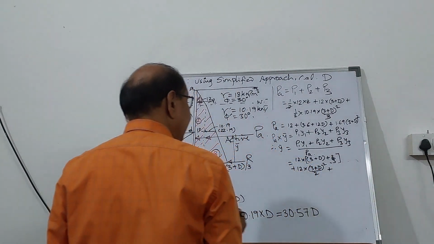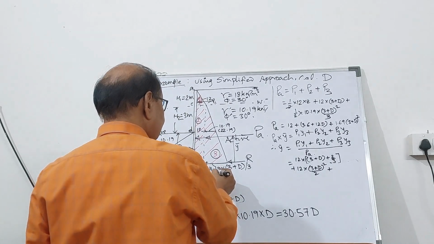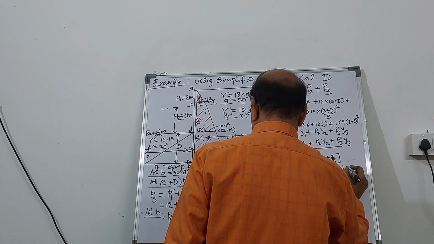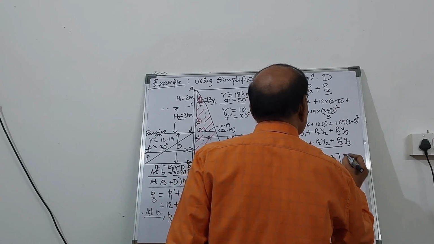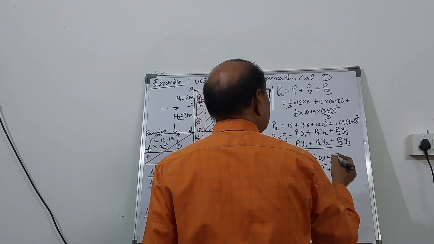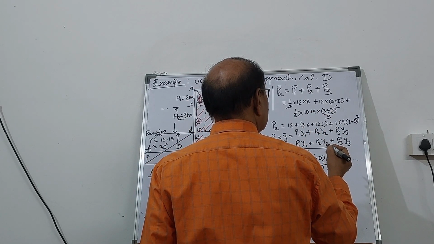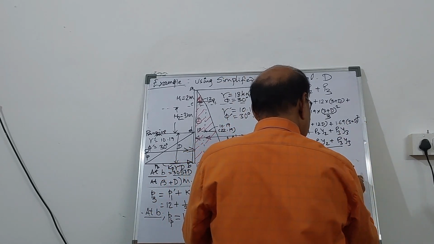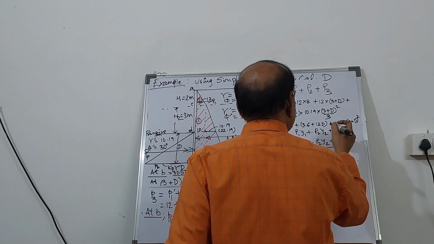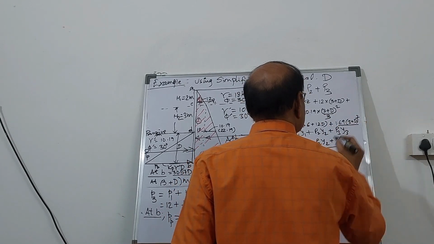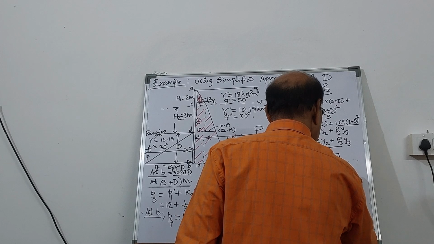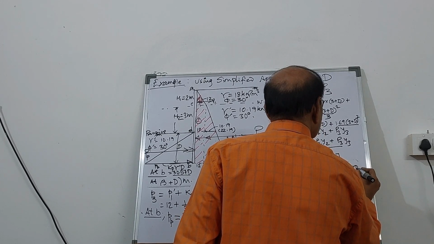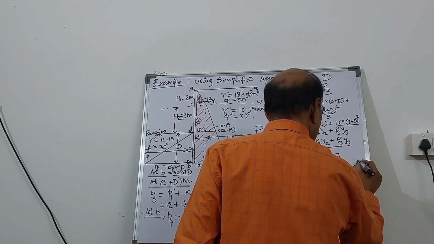Plus P3 y3. What is P3? P3 is already known to us, 1.69. This is the value of P3 here, 1.69 into (3 plus d) whole square.